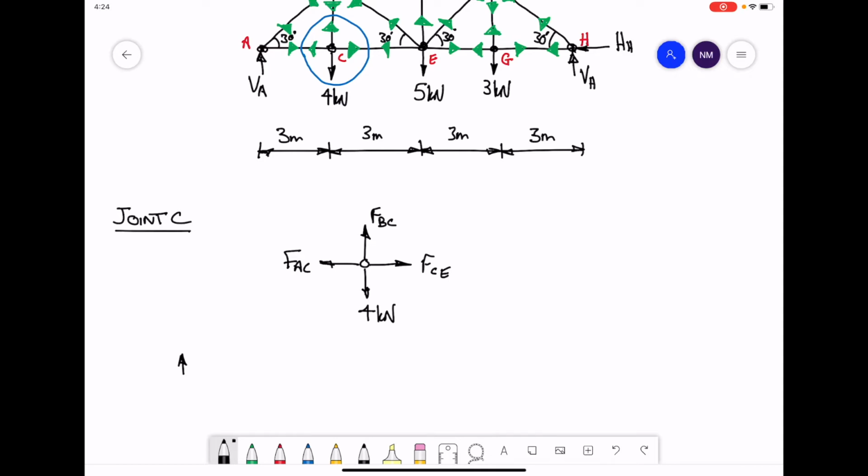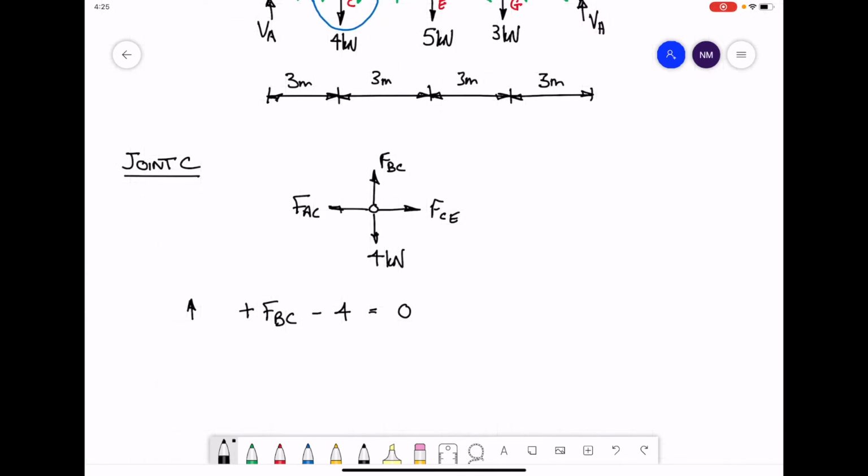Applying our equilibrium equations, doing the vertical, so we have plus force BC going upwards, minus 4 going downwards. Rearranging the equation, force BC is a positive 4 kilonewtons.